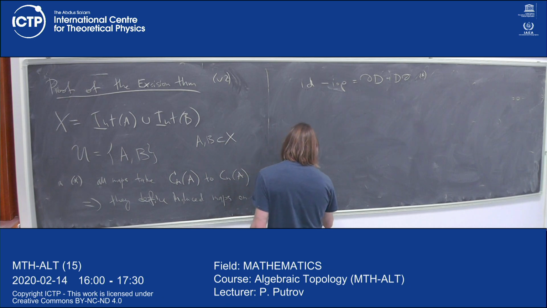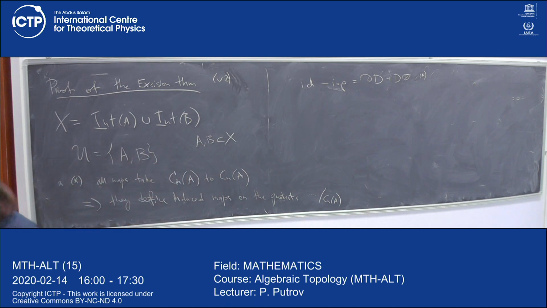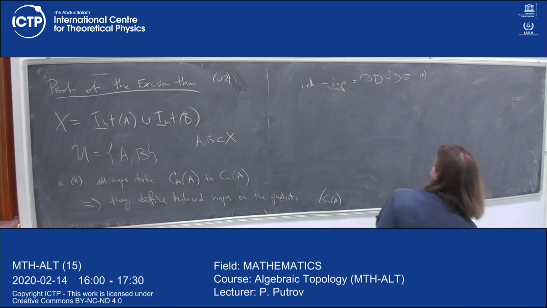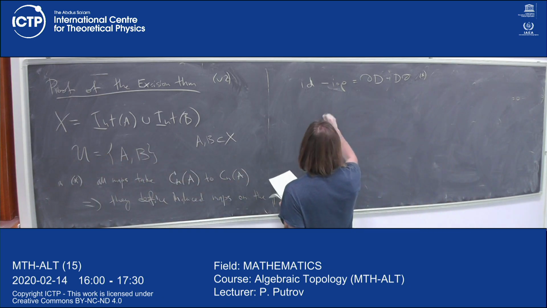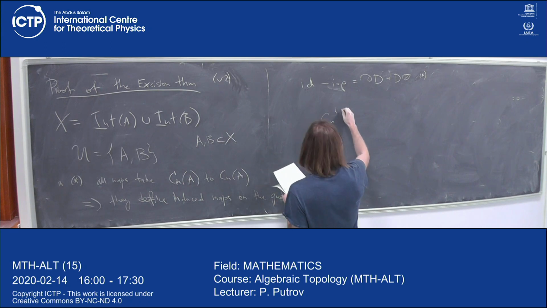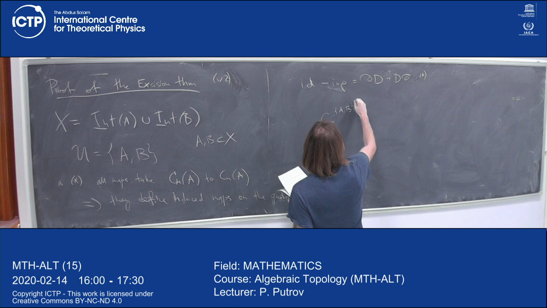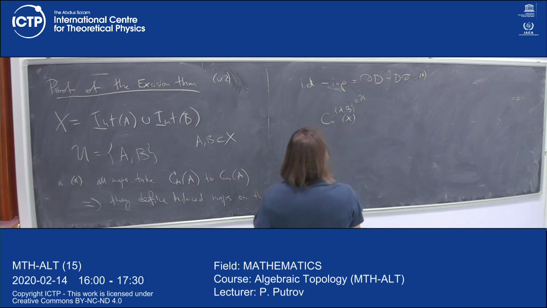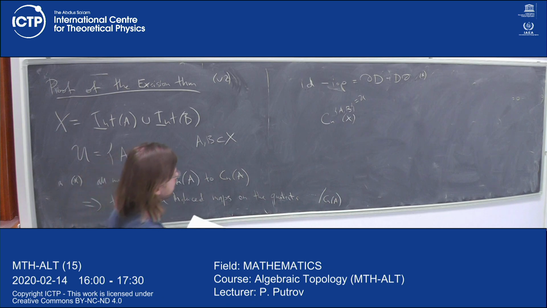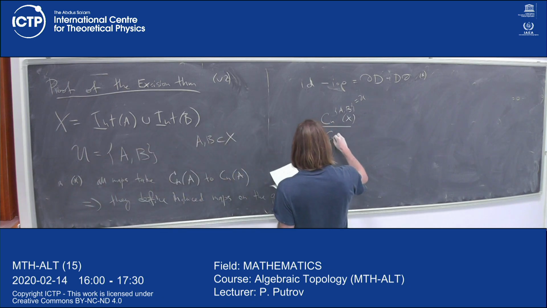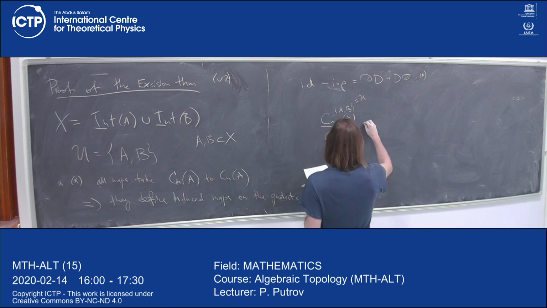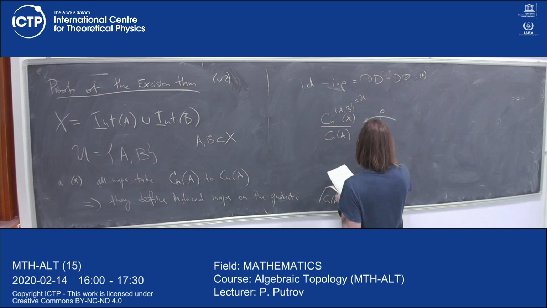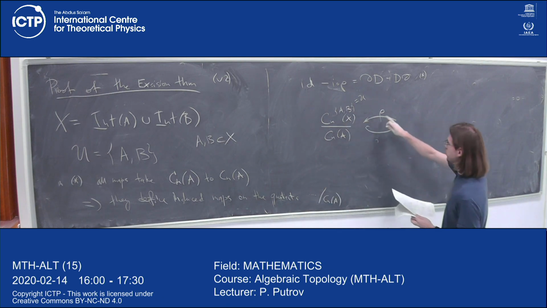So on the quotient, if you start with some group and divide it by Cn of A, what this means is that if I consider this modified chain complex of X divided by Cn of A, this guy had a map.